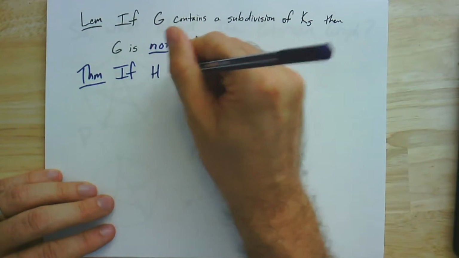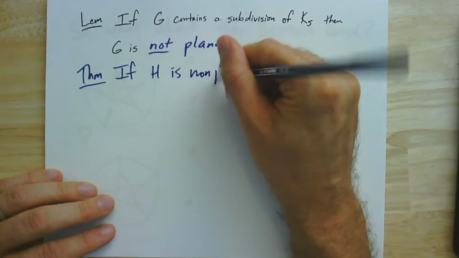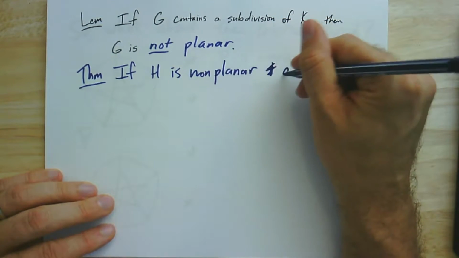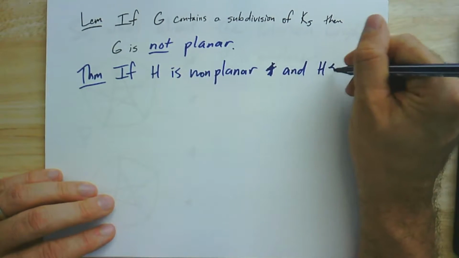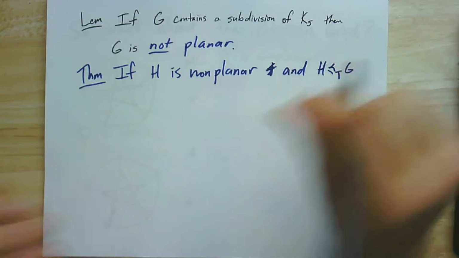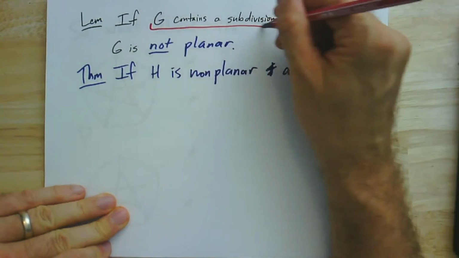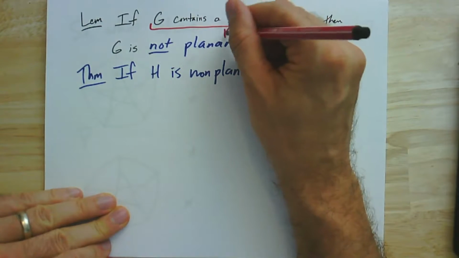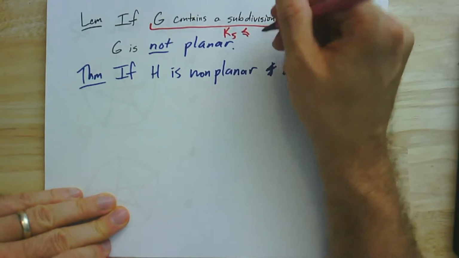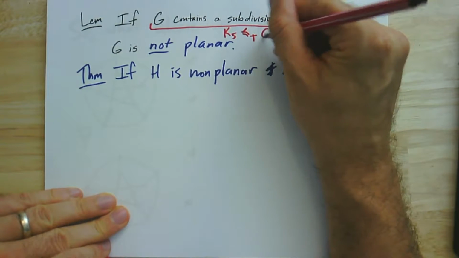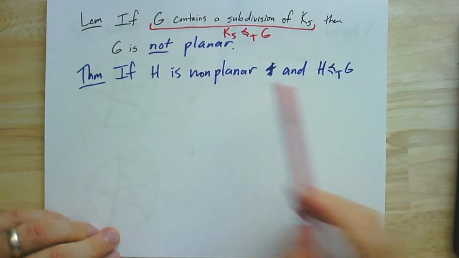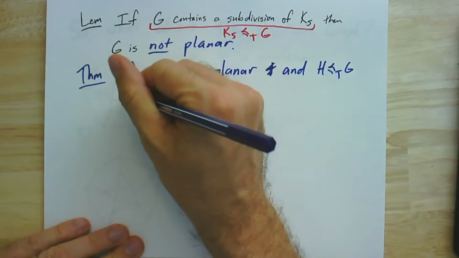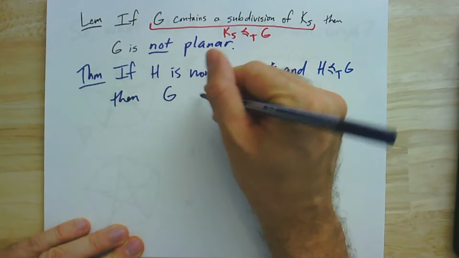If H is non-planar, non-planar just means not planar, and H is a topological minor of G. And if you didn't notice, when we say it contains a subdivision of another graph, that's the same as saying, in this case, K5 is a topological minor of G. So more generally, if I have a non-planar graph that's a topological minor of my other graph, G, then G is also not planar.